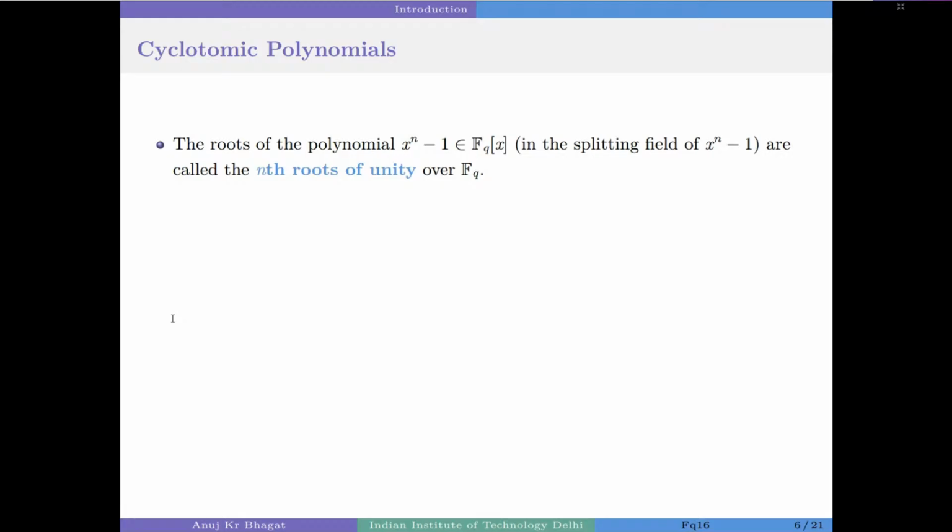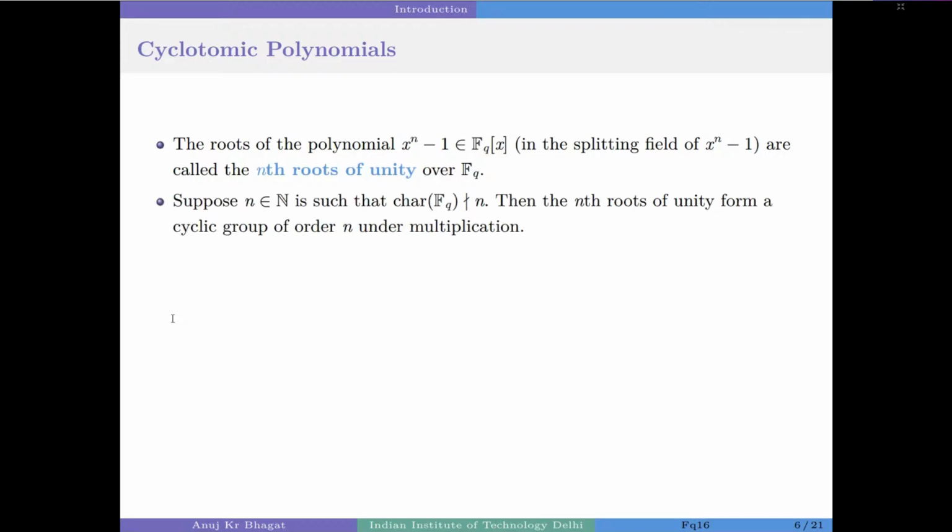So yeah, let's quickly recall something called the nth roots of unity. If you look at the polynomial x^n minus 1, the roots of this polynomial in a splitting field are called the nth roots of unity over Fq. And if n is co-prime to the characteristic of the field, then all these roots actually form a cyclic group of order n under multiplication.